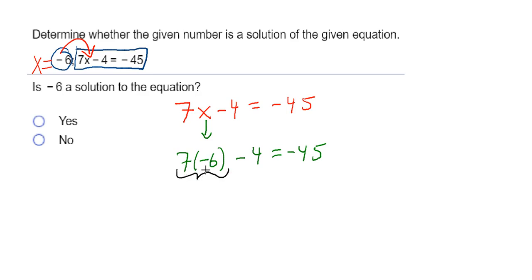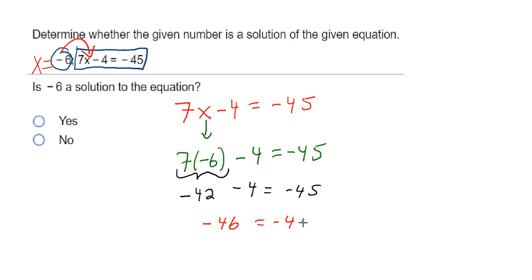So we'll start with order of operation, PEMDAS, but in this case, we jump right to the multiplication. 7 times -6 is -42. Minus 4 equals -45. And then we do the subtraction, and we find on the left-hand side we get -46.